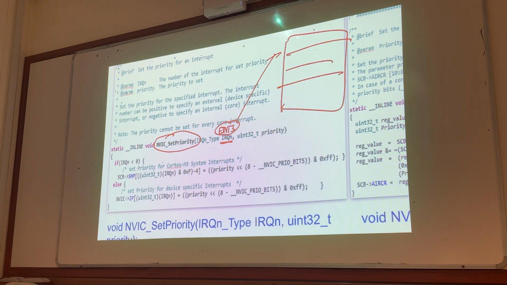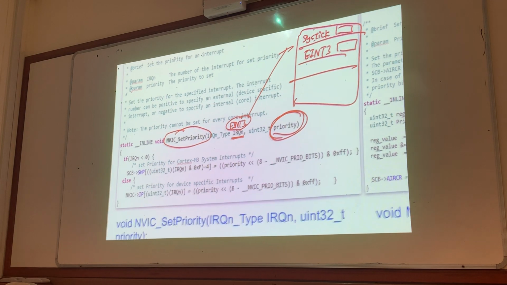For example, SysTick is referring to a number, and EINT3 is referring to a number. Then you can write the priority level that you want for this particular interrupt.